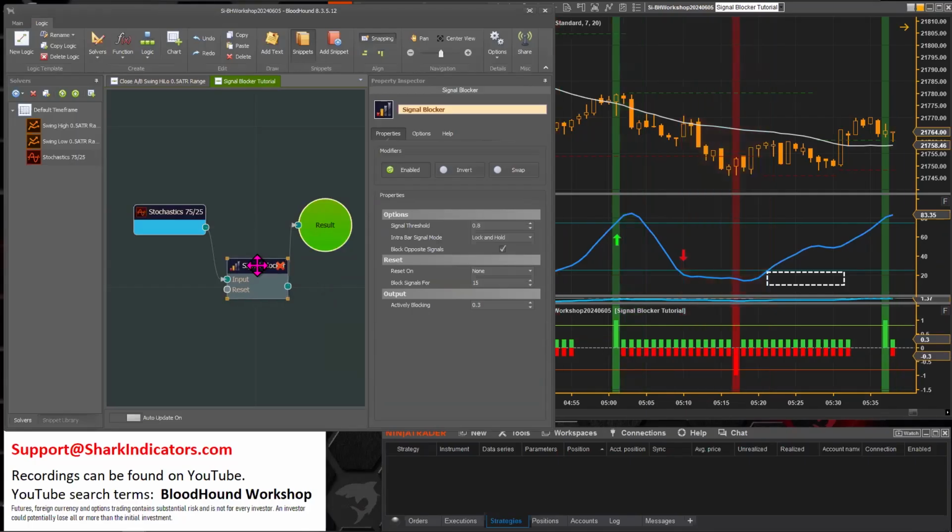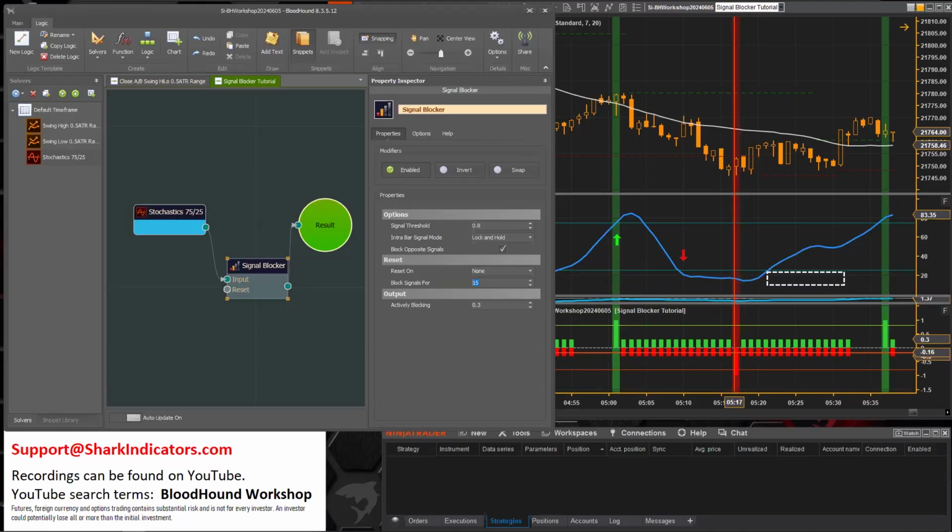So stochastics oversold, so we know we have some shorts. But from the signal blocker, with this block opposite signals, we can see that longs and shorts are both being blocked together here. So we didn't actually get this short signal here, because it's being blocked. And then we do get this short signal here because our count of 15 bars ended. So the signal blocking came to an end, and the stochastics was still oversold.